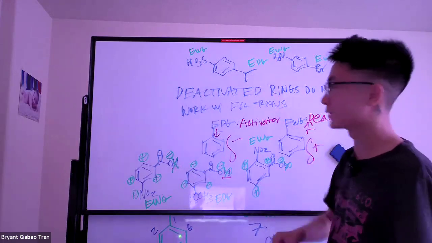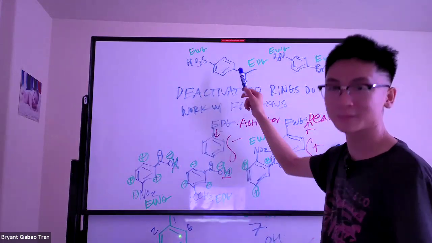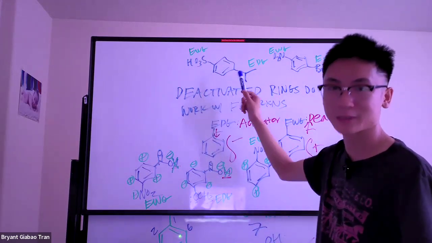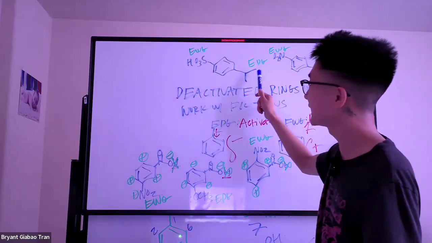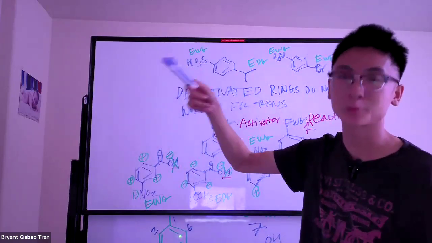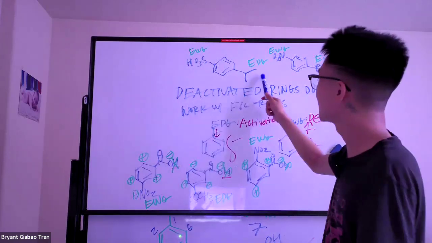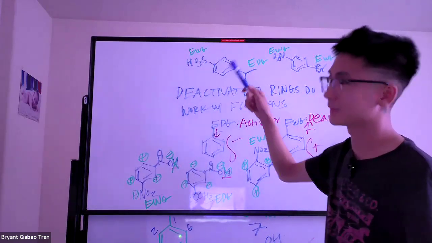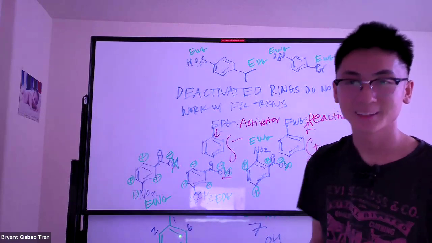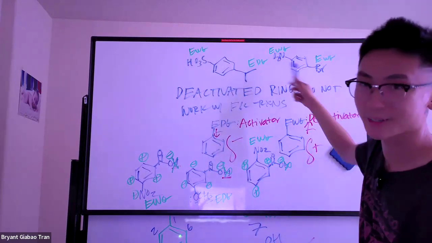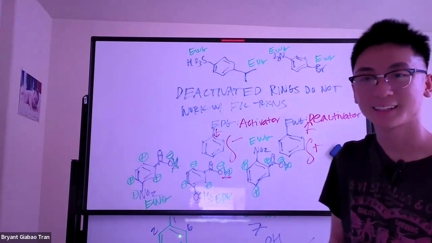This is an R group, but I've seen some example problems where they can do Friedel-Crafts with this. It looks weird because this is a strong EWG and this is a weak EDG, so the EWG should take priority over the EDG, but this EDG will actually make Friedel-Crafts reaction happen. But if it's just EWGs, no EDGs at all, Friedel-Crafts reaction would not happen.